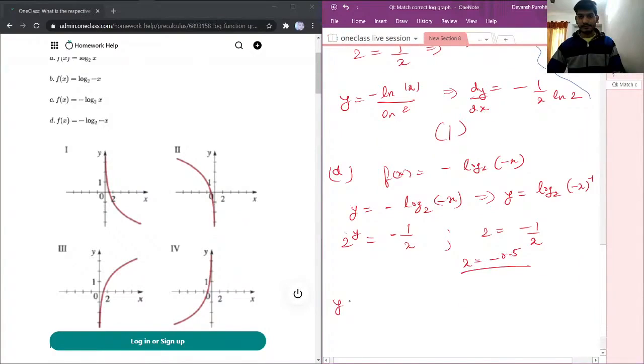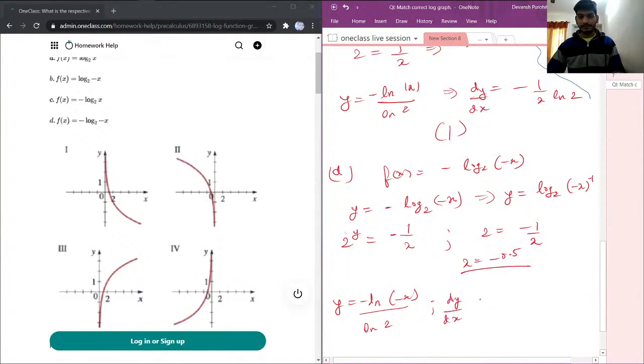Now again, y will be equal to negative of log of negative x. So this will become negative ln of negative x over ln of 2.